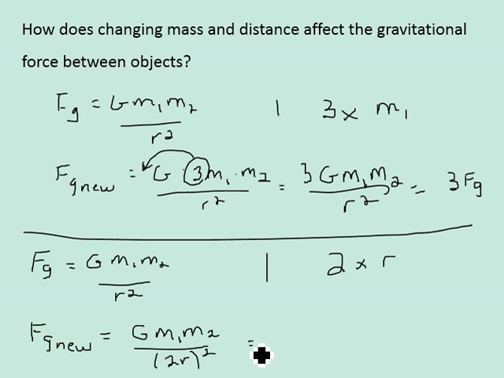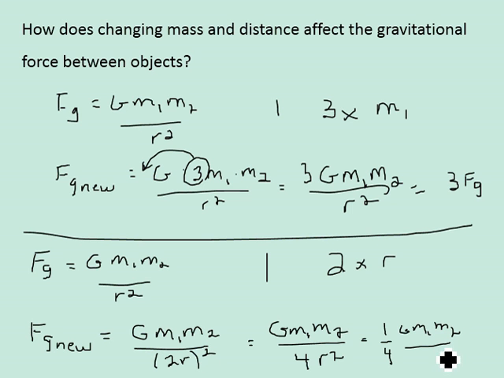And we end up essentially here with G m1 m2. Remember, we square everything in the expression, so that becomes 4r squared, which is essentially 1/4. If we pull that 1/4 out, G m1 m2 over r squared, which is essentially equal to 1/4 of the original force due to gravity that existed between the two objects.